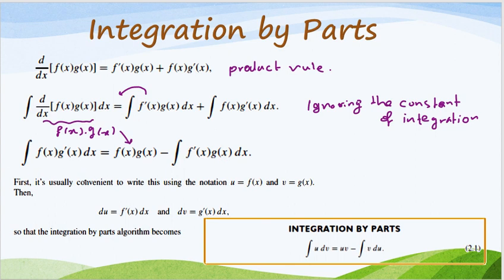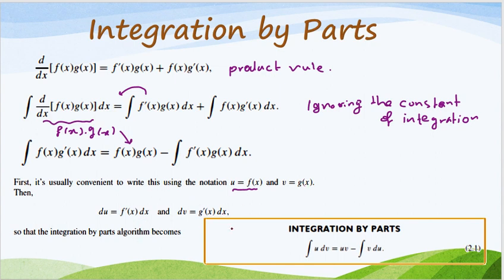Finally, usually if you want to write it using notation, we can use u as f of x, and v equal to g of x. Then du is f prime of x dx, and dv is the derivative of v, which is g prime of x dx.